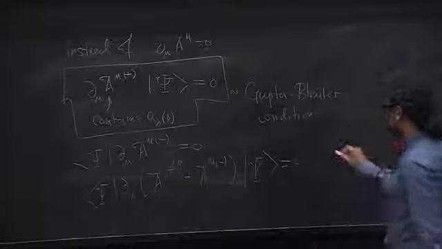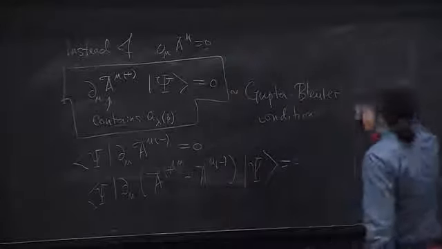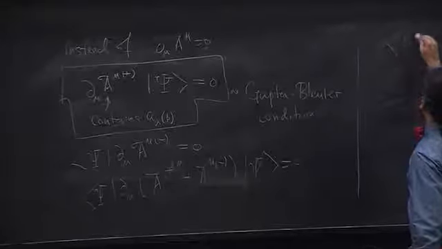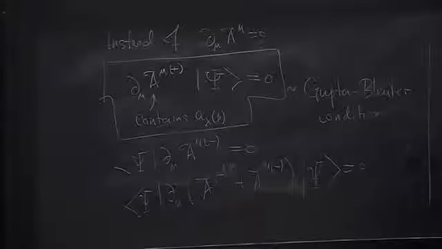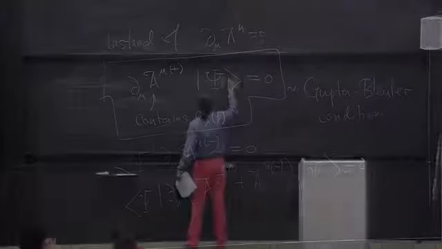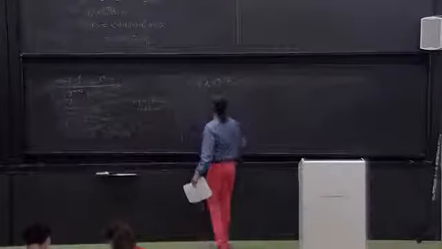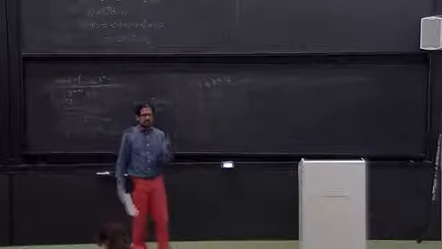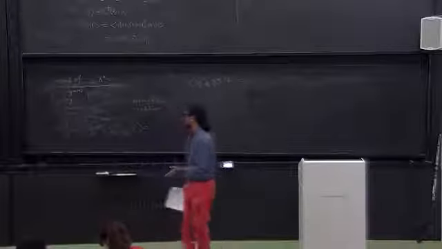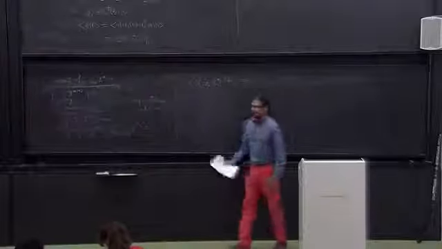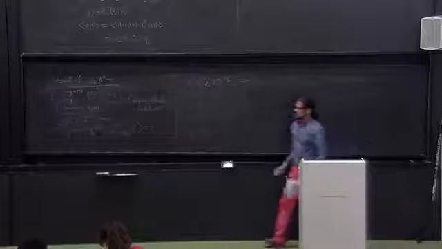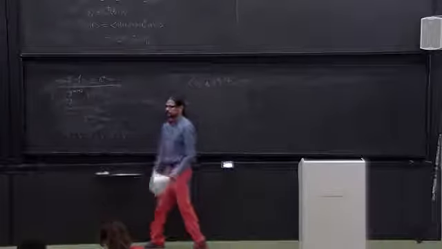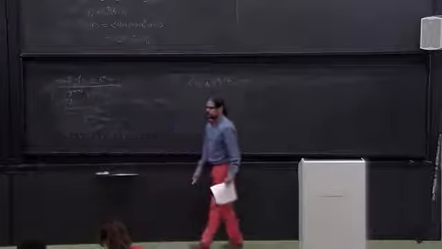In other words, if you sandwich this thing between physical states, you get 0. So in some sense, the Lorentz gauge condition is valid, but as an expectation value. So this is a much weaker condition. It's a condition not on the operators, it's a condition on the Hilbert space.